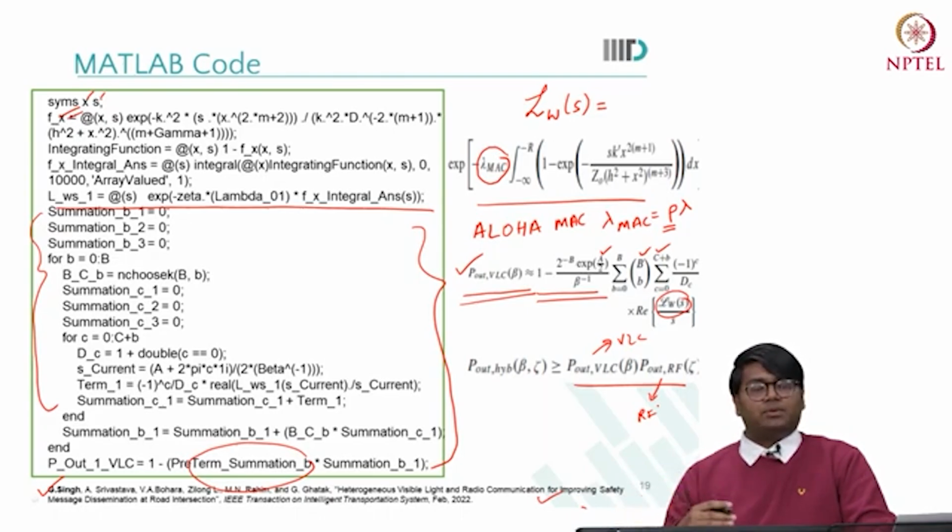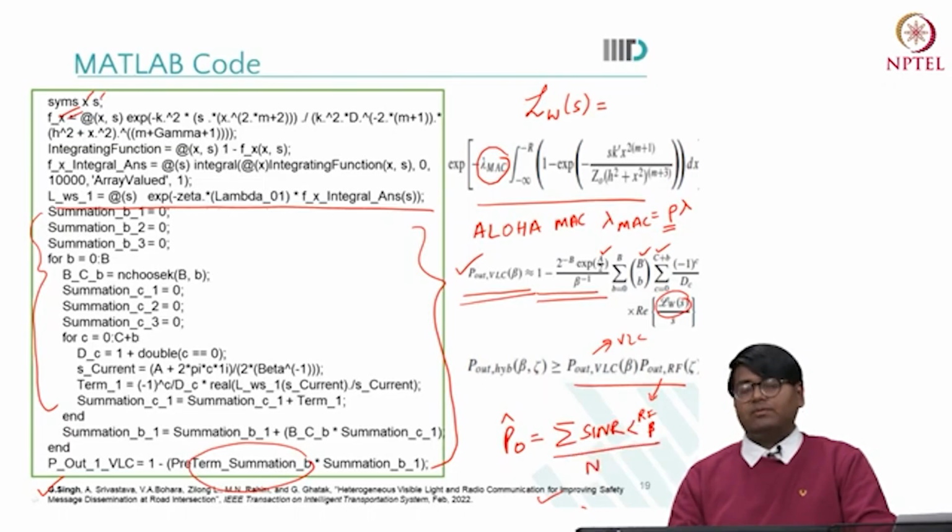To calculate the outage, we count the number of times this SINR is less than the threshold, out of the total number of simulation runs. In this way we calculate the outage. This is how we calculate the simulation results.